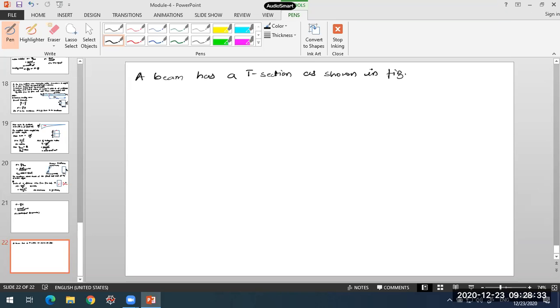The allowable stresses for the material are 90 MPa in tension and 120 MPa in compression.